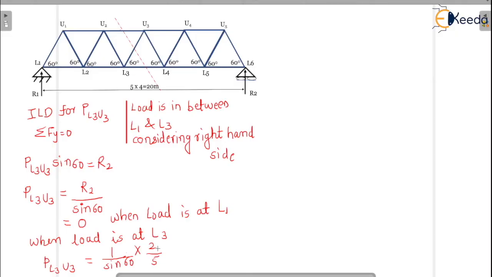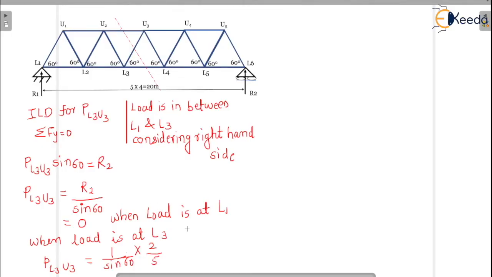Now in this case the load is at L3, and it is crossing two trusses. Out of 5, it is crossing 2 trusses, so it is 2 by 5 here.